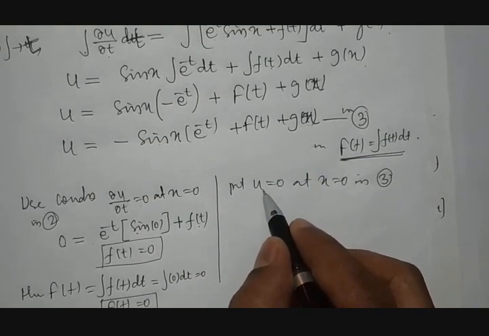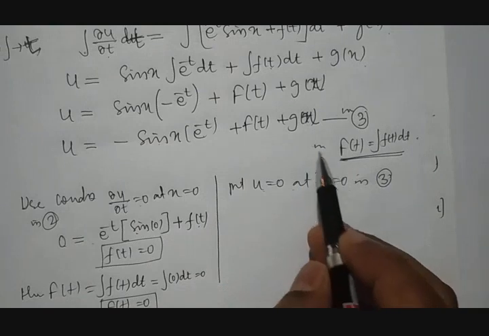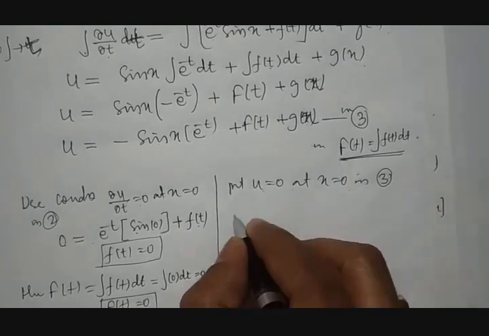To get g of x, substitute u is equal to 0 and t is equal to 0 in equation number 3.